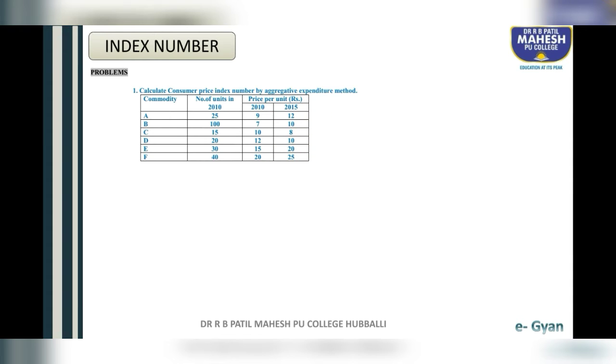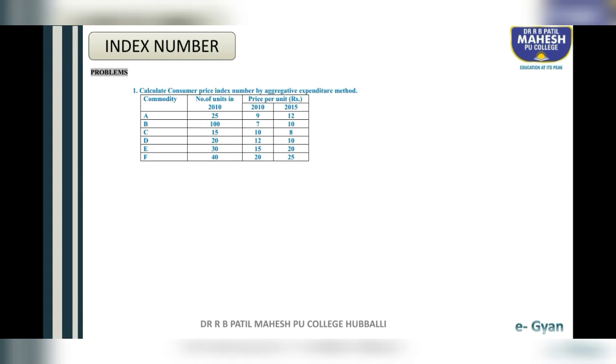Okay students, in this question we have to find consumer price index number. Before solving the question, you analyze the question. Here it is not mentioned whether you have to apply aggregate expenditure or family budget method. Here weights are not given. So this means in this question we have to apply aggregate expenditure method.